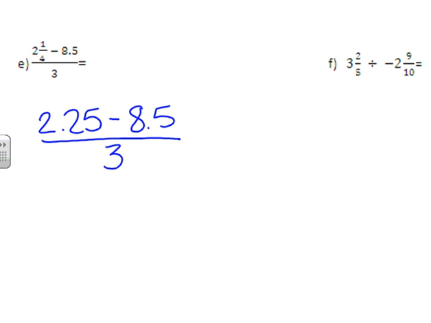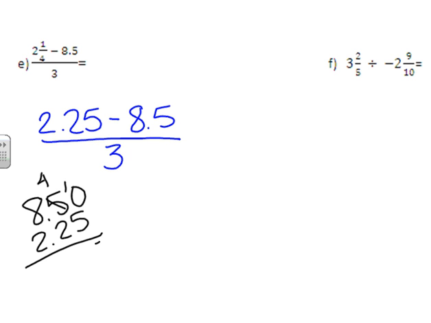Okay, 2 and 25 hundredths and 8 and 5 tenths have different signs, so I'm going to subtract them. Bring my decimal down. I have more negative than positive, so I'm going to make sure I write my answer as negative 6 and 25 hundredths, all divided by 3.